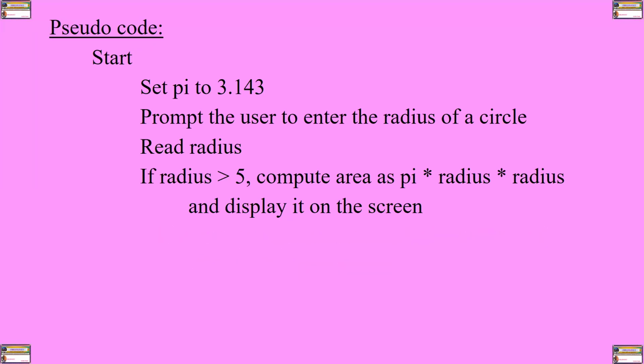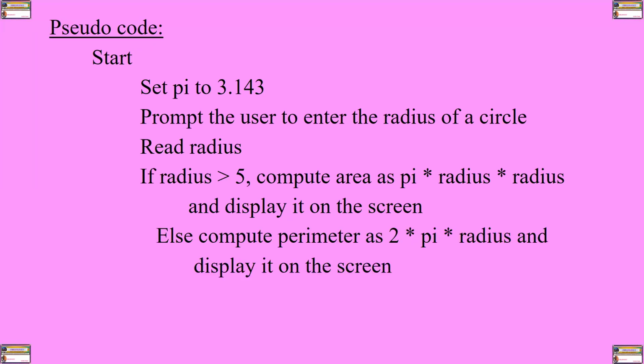Otherwise, that is else, that means if the value of radius is not more than 5, then compute the perimeter using the formula 2 times pi times radius, and display it on the screen. And then end the program.